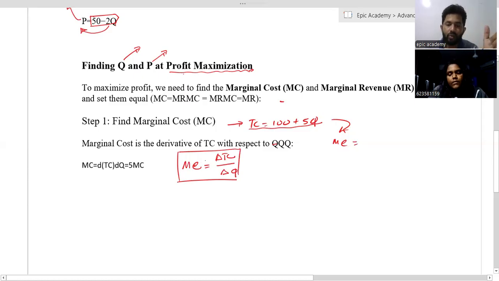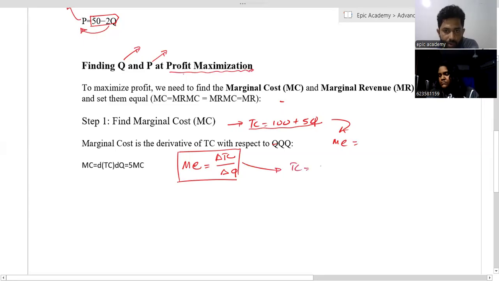When the quantity is 2 or 3, you get the value for delta Q. So then easily you can count the marginal cost. But in this position, total cost is represented by an equation. That is why we have to derive that total cost curve into the marginal cost curve.